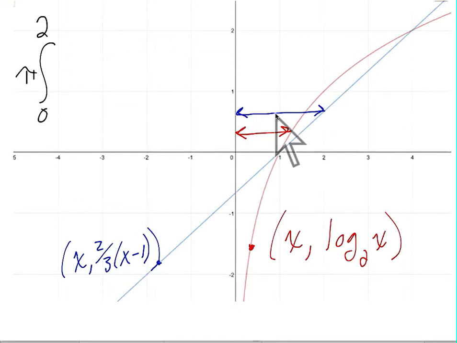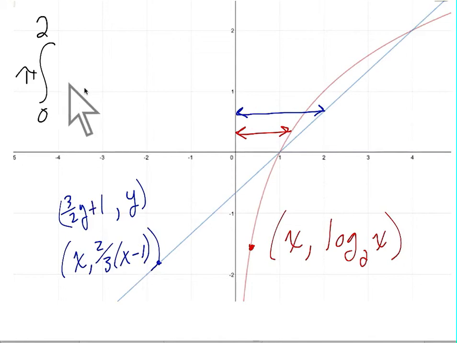And we want to get this outer radius, which means that we're going to want to take this and rewrite it in terms of y. So if we take our function y is equal to 2/3 x minus 1 and solve that for x, we'll find that x is equal to 3/2 y plus 1.